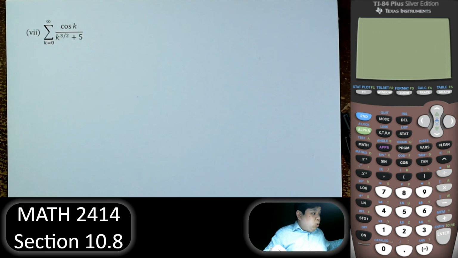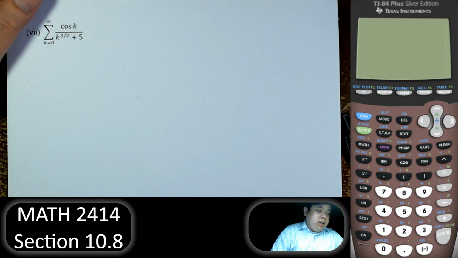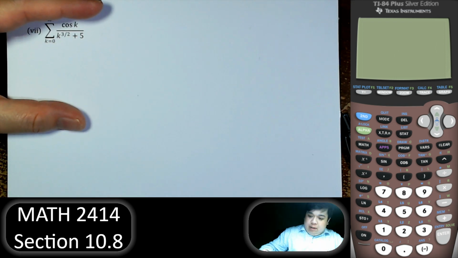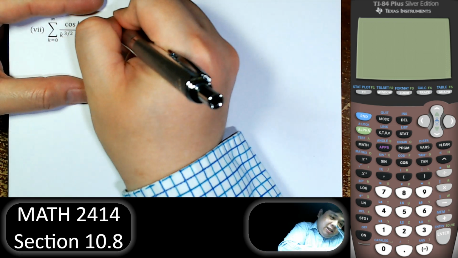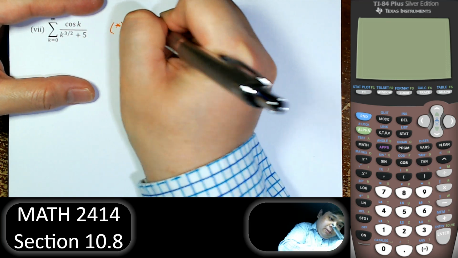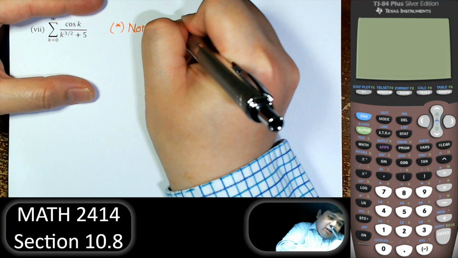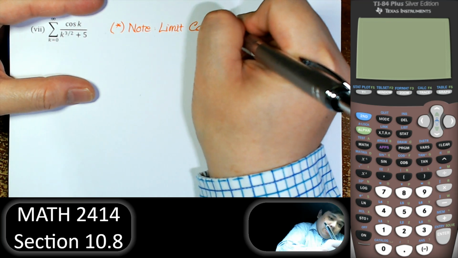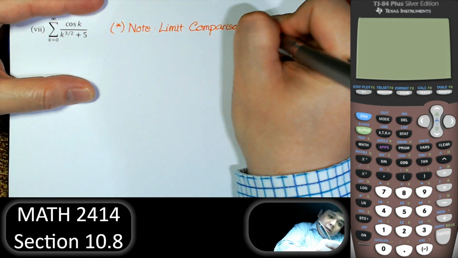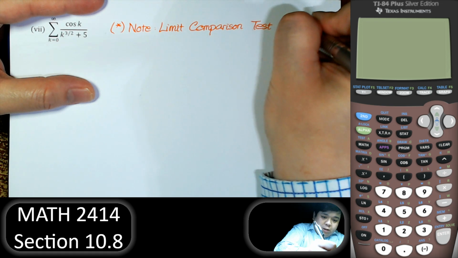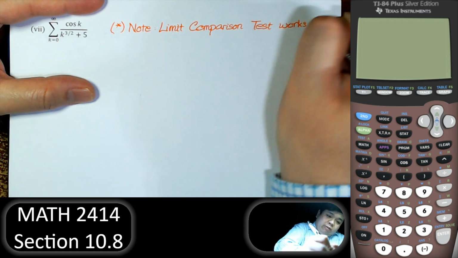Limit comparison test only works if the terms are positive. So in that case, let me just write that note again. Limit comparison test works for positive terms only.